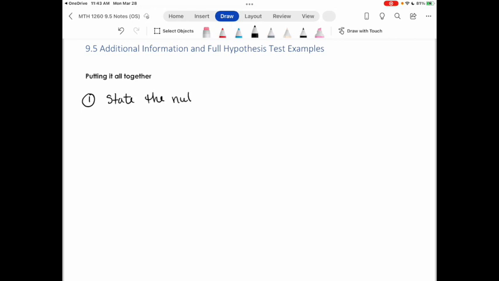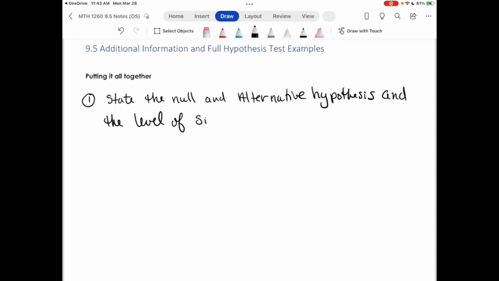Okay, so in step 1, you're going to state the null and alternative hypothesis and the level of significance.